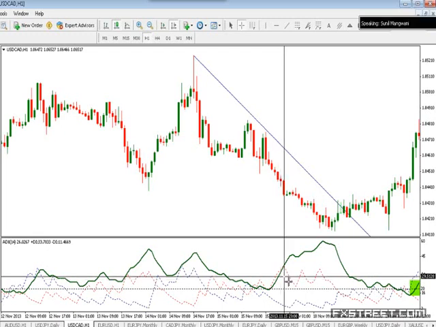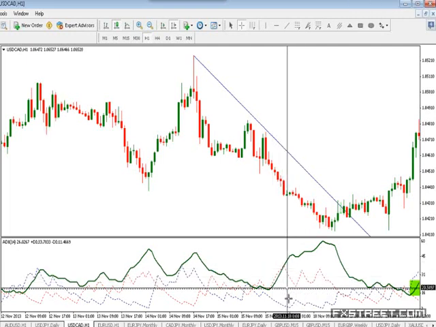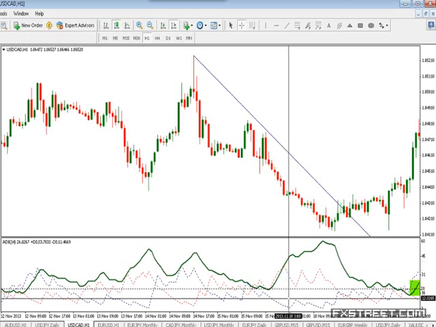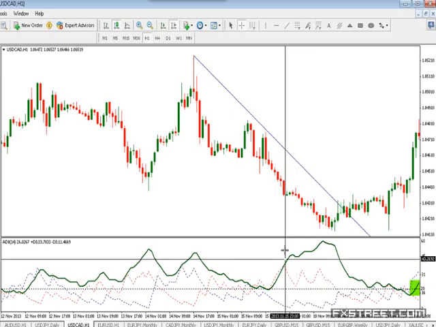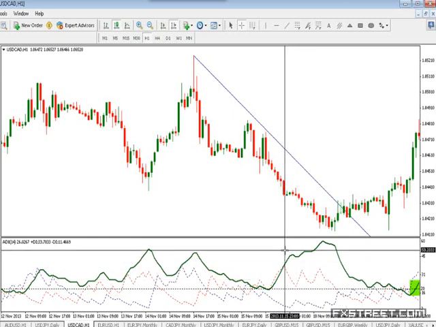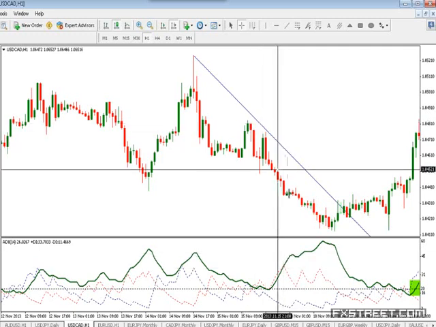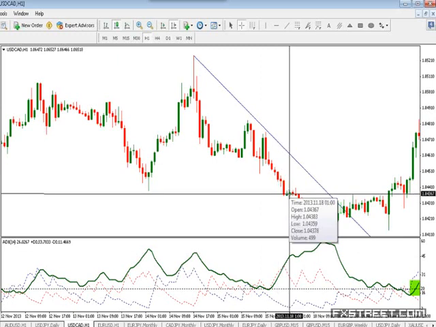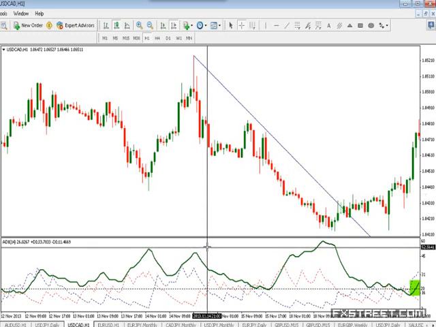Do not look at the fact that the red has a reading of, say, 36, or that the blue has a reading of 20. It doesn't really matter. What matters is the combination of the blue and red dotted lines. If the red dotted line is above, that means price is in a downtrend. If the blue dotted line is above, as in this case over here, it means price is in an uptrend. That's the simplest way of using it.